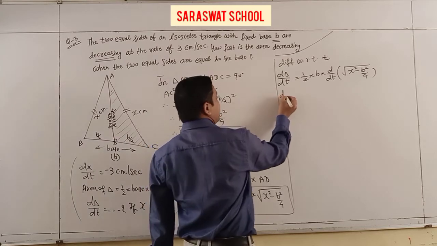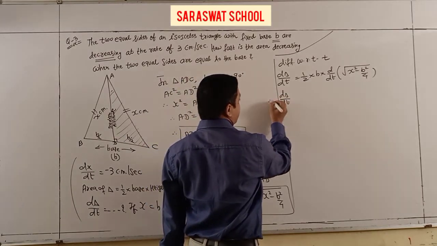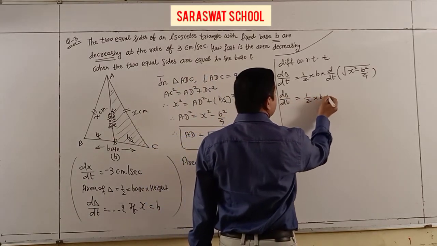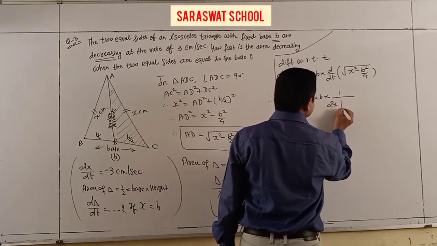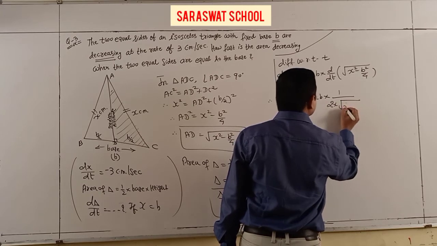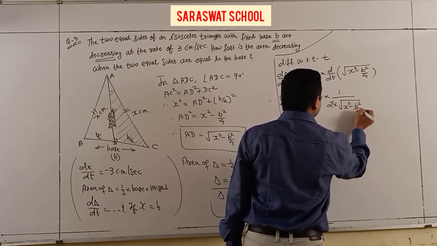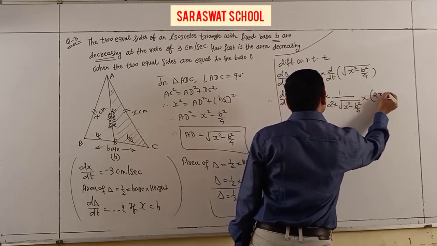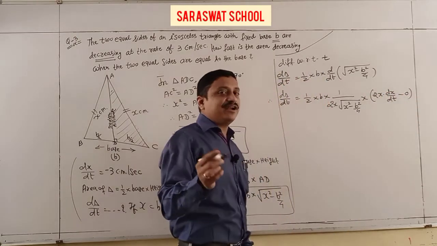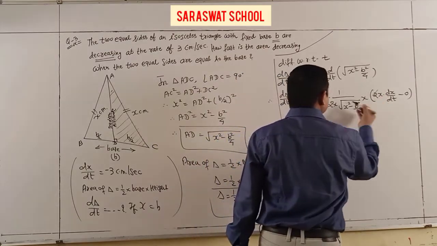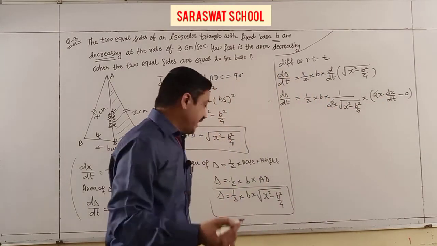So my d del by dt, half b the same, root derivative you know, 1 by 2 times, and x square minus b square by 4. Now x square derivative is 2x, but x derivative is dx by dt, and here constant derivative is definitely 0. This cancels. Now read the question one more time.